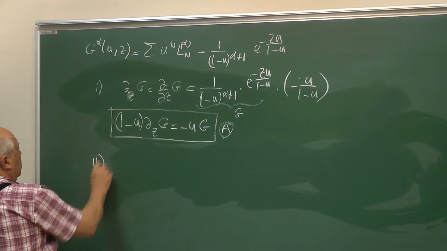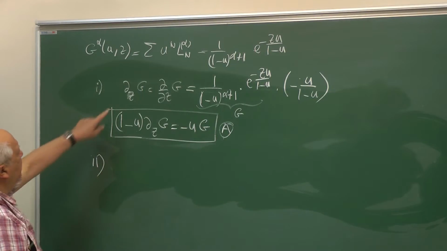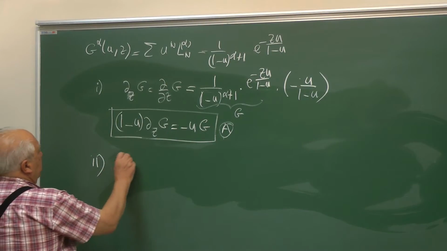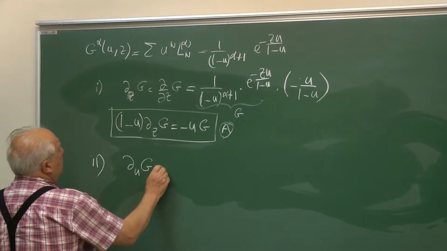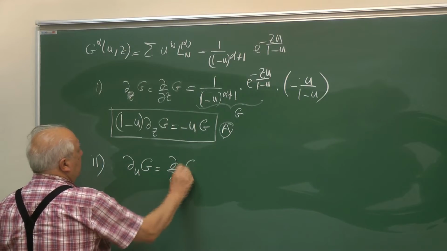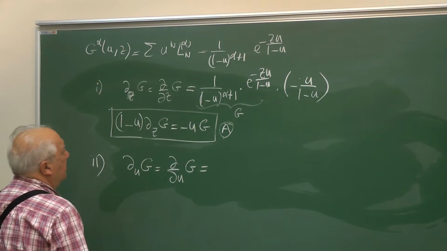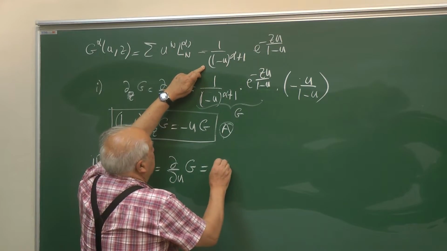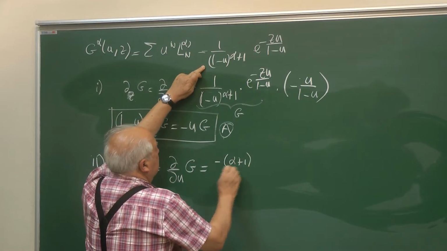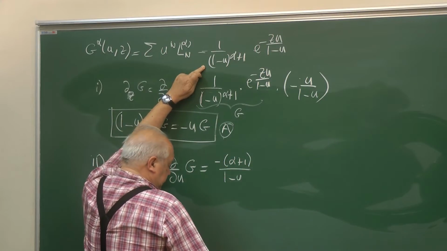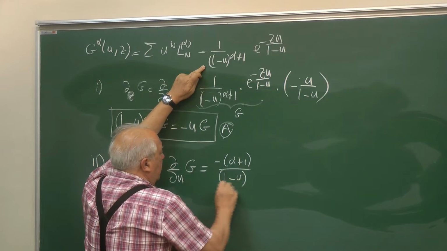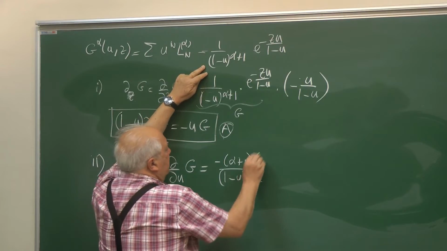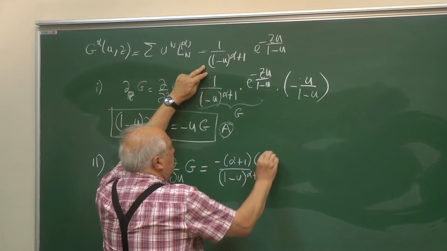2. This time, let us differentiate with respect to u. I'm differentiating this. So it is minus alpha plus 1, 1 minus u to the alpha plus 2, and the derivative of the inside, minus 1.